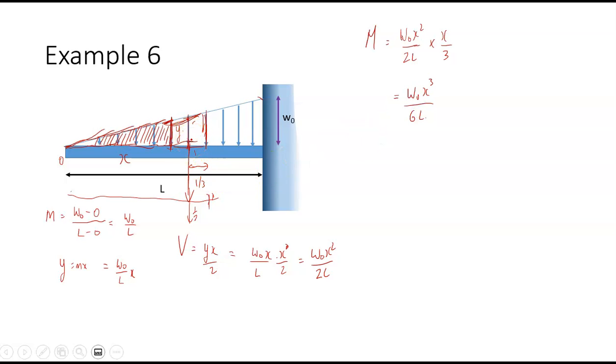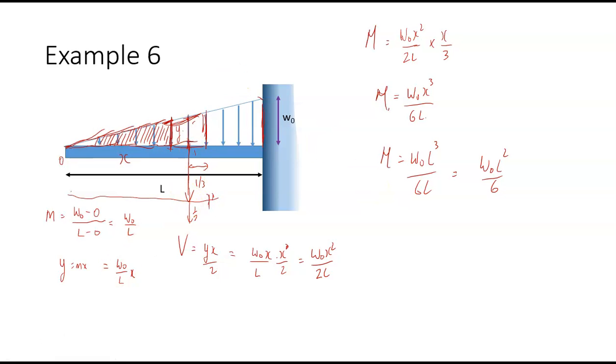So that's the bending moment at any point along this beam. Okay, and when x is at its max, so when x is equal to L, that is equal to w naught L squared over 6. That is the maximum bending moment.